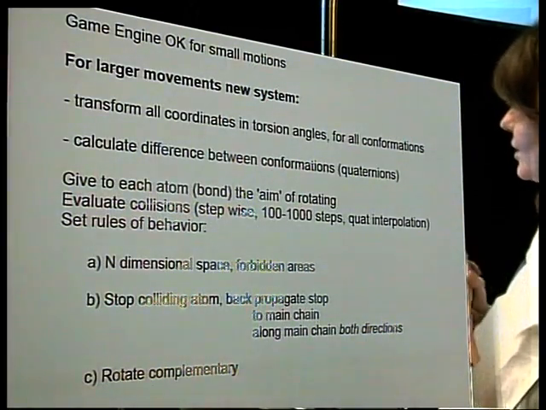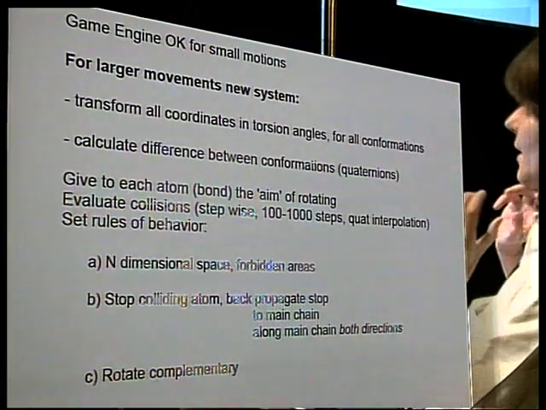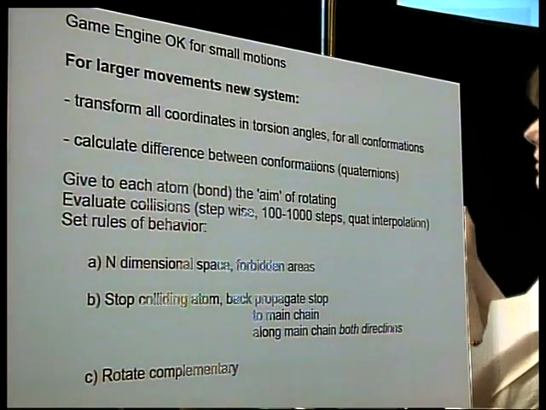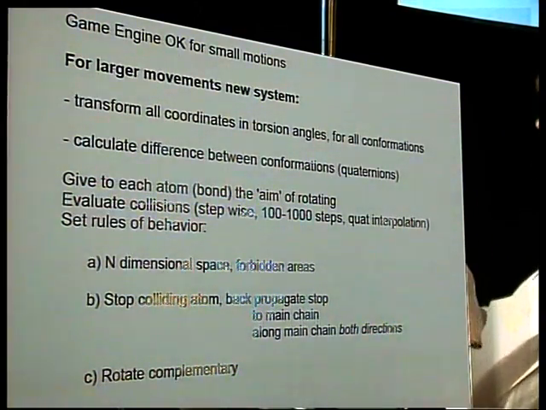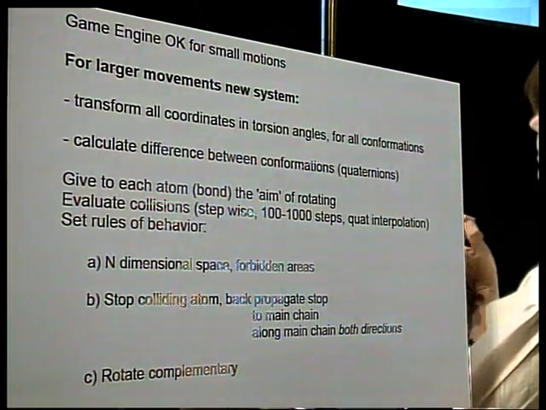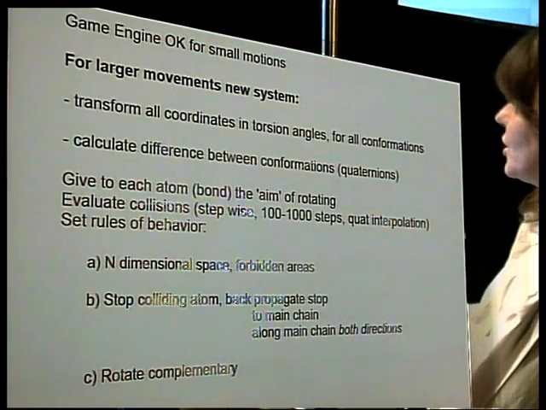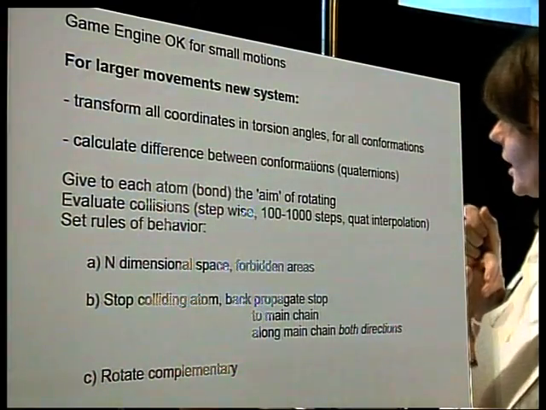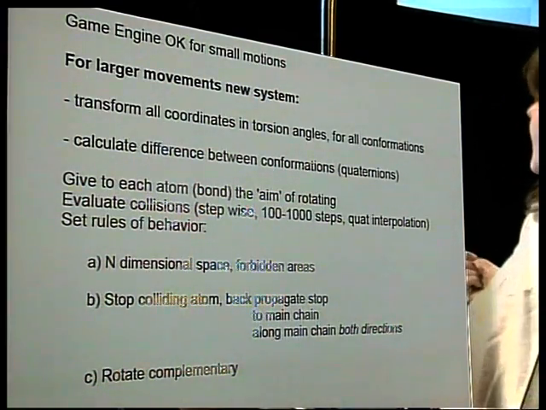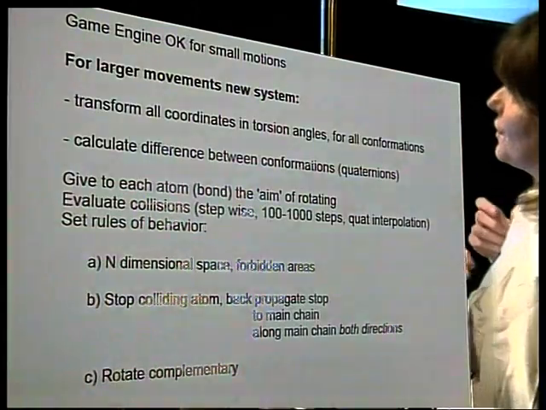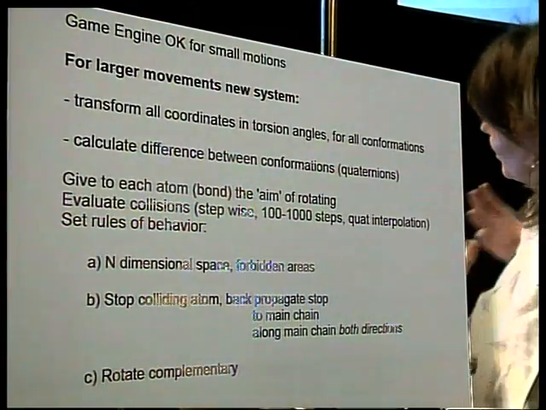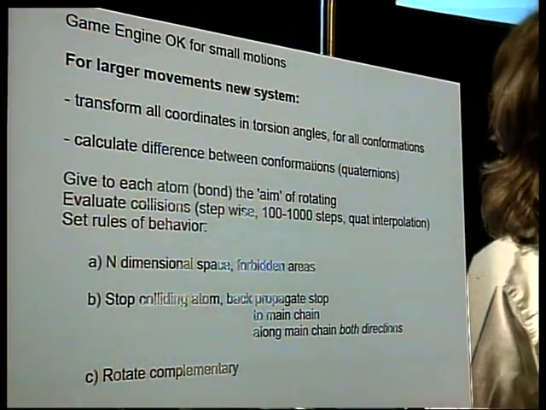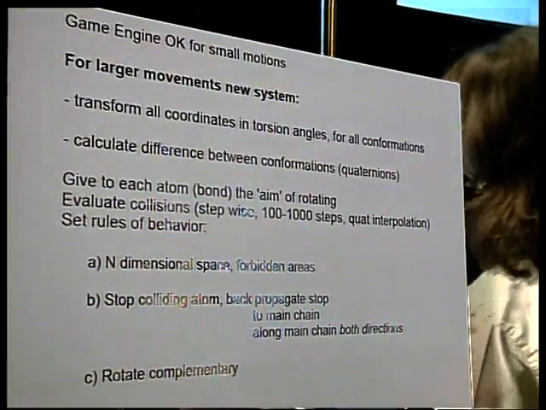Now, we have to set up a system that puts together all these changes in conformation, taking into account mostly the collisions, which is quite complex, and sometimes also other forces like electric forces and lipophilic forces that apply to molecules.